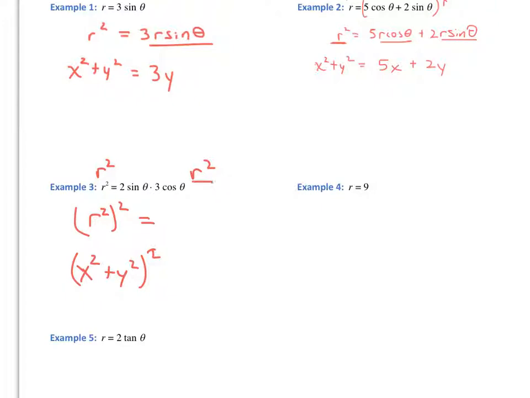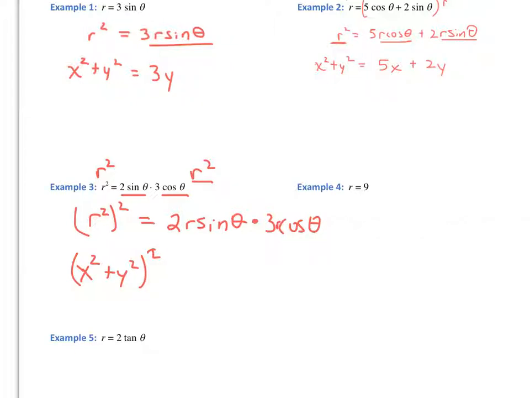All right? Next, on this side, since I have two r's, I'm going to put one of them with the sine and one of them with the cosine. And so I am going to have 2r sine theta times, not plus, that's why I'm allowed to do this, 3r cosine theta. And so it's like my analogy of a second ago, oh, and I forgot to write in the letter r here, okay?